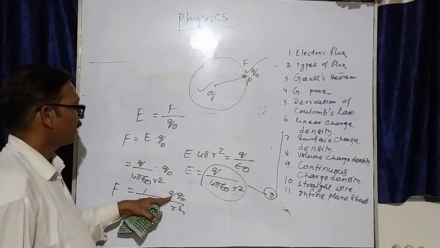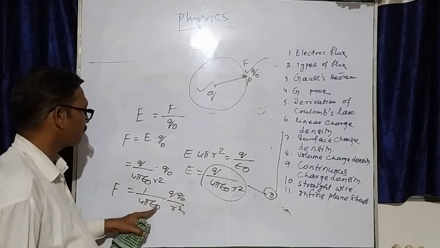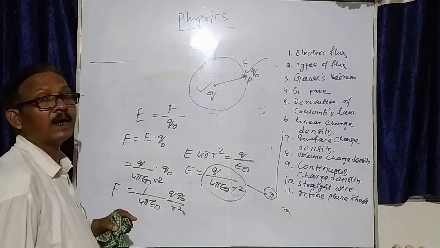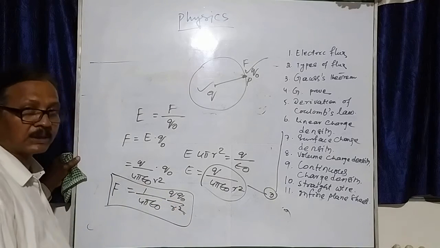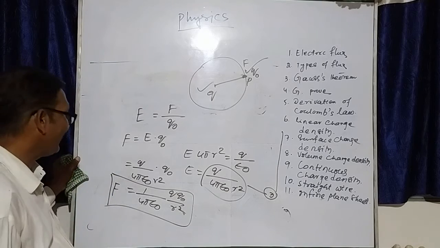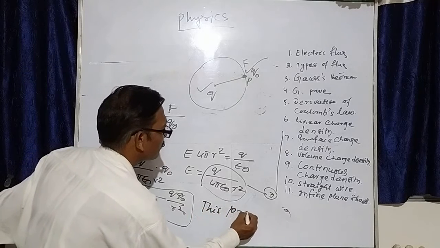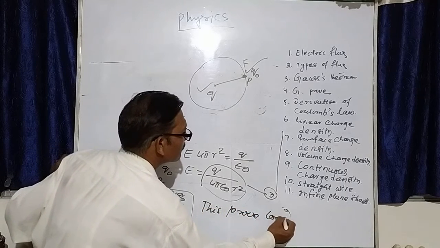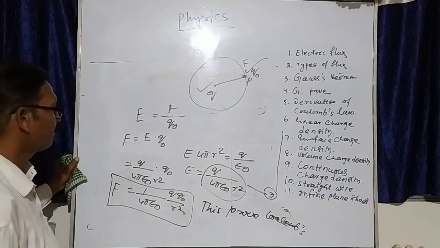Compare Q1 with Q and Q2 with Q0. So this is equal to 1 by 4 pi epsilon 0 Q Q0 by r square. This force between two charges is Coulomb's law in air. So this proves Coulomb's law in electrostatics. Okay, clear?